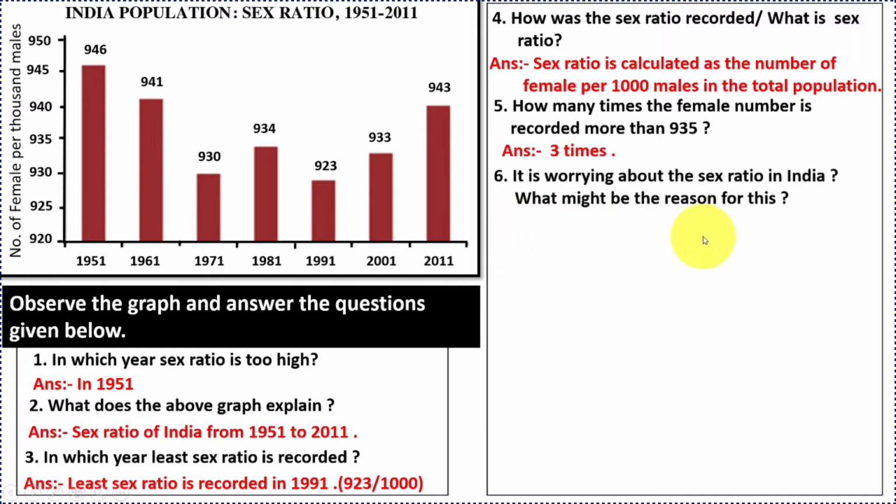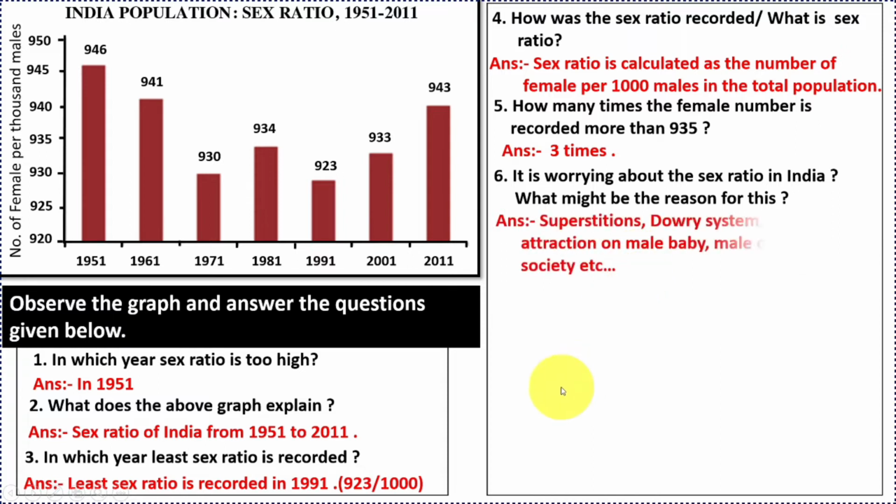It is worrying about the sex ratio in India. What might be the reason for it? The reasons are superstition, dowry system, attraction to the male baby, male dominated society, etc. These are the causes for the low sex ratio in India.